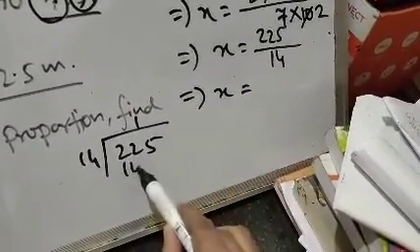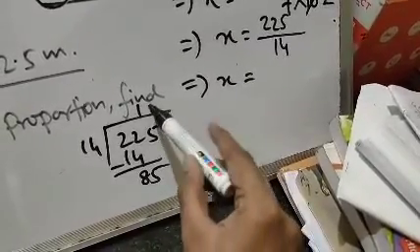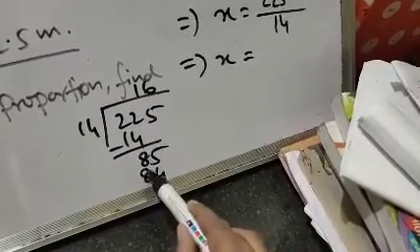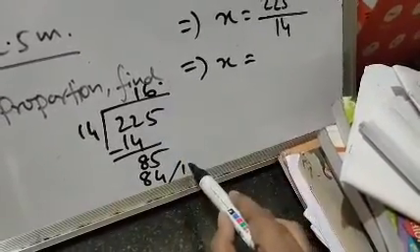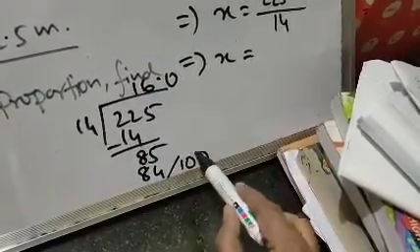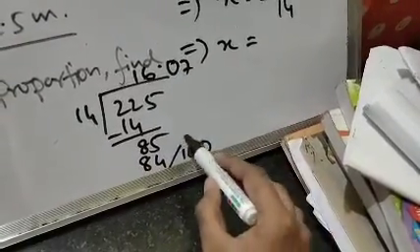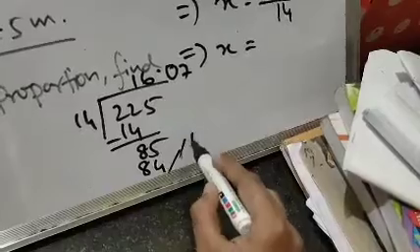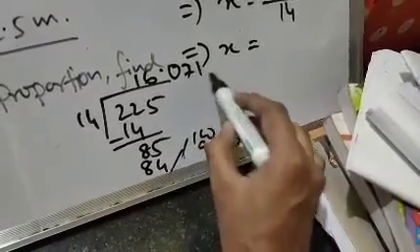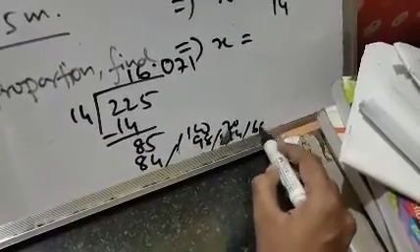So 14 ones are 14, 84, 1, decimal 0, again put 0 here. 7 and 14 till 98, 2 0, 14 ones are 14, 6 0.